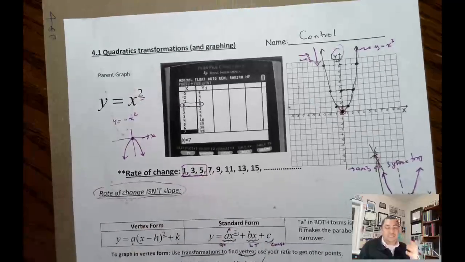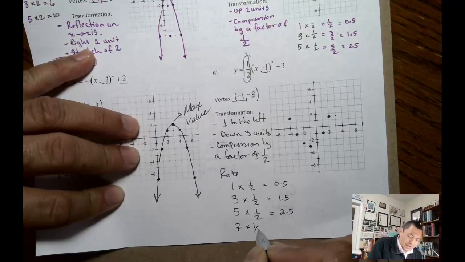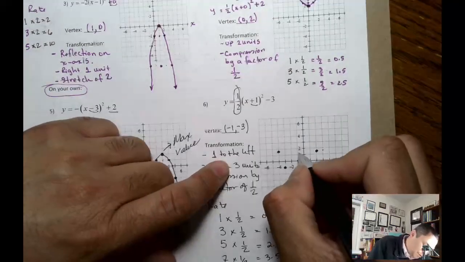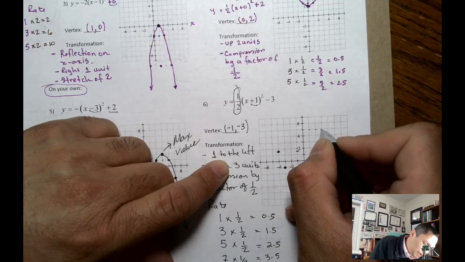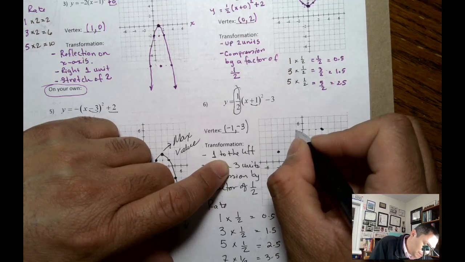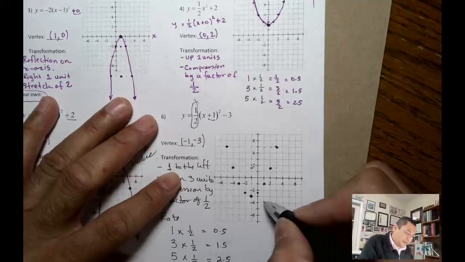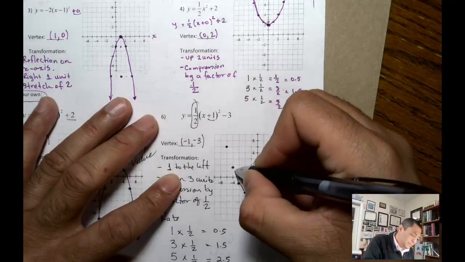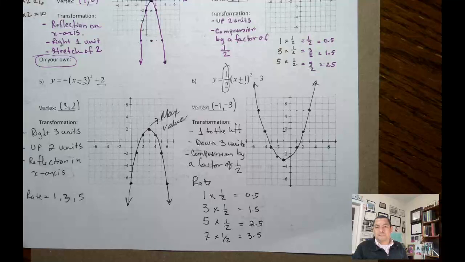Remember that the next rate of change is 7, so it's 7 over 2. 7 times 1/2 is 3.5, and I'm going to start here. 3.5, then 1, 2, 3, 4. So you've got more points, and then you just join those dots together, and you're going to have your graph for your problems.